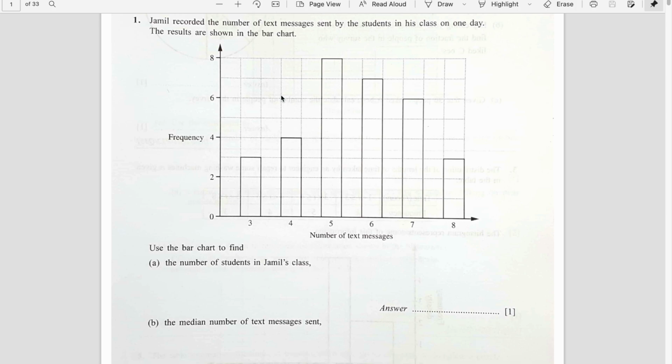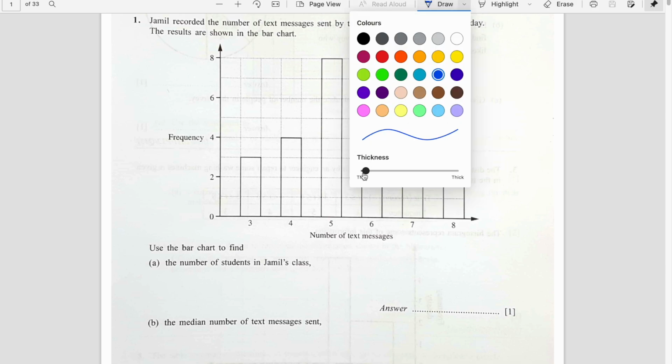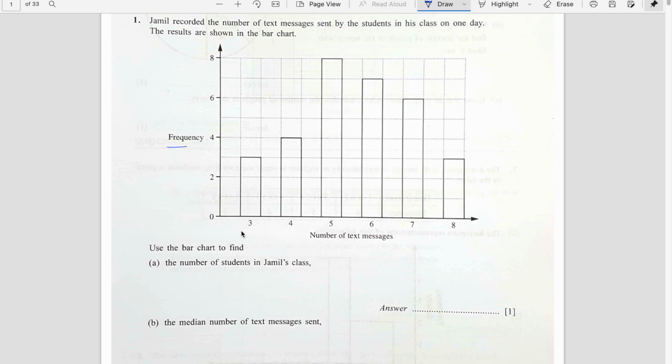Okay, find the number of students in Jamil's class. So be careful. Frequency is on the y-axis. So 3 text messages, but for the first part, we are concerned with the number of students. So I'm just writing it for ease. This is 3, this is 4, 8, 7, 6, and 3. So number of students are 3 plus 4 plus 8 plus 7 plus 6 plus 3. 7, 7, 14, and 8, 22, 23, 24, 25, and 31.